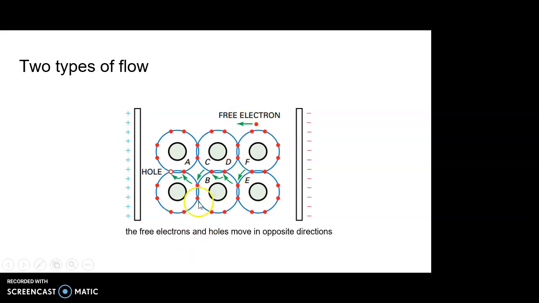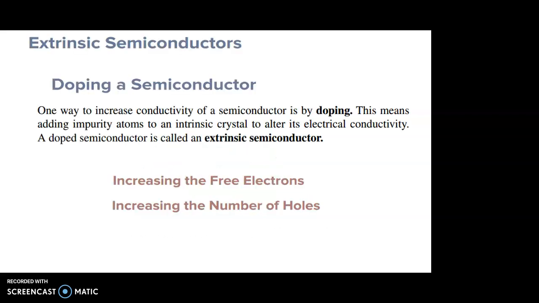So what can we see now? The hole is moving towards the right while the electrons are moving towards the left. So meaning to say the flow of your free electrons is always in the opposite direction of the flow of your holes. So this is what I was telling last time.